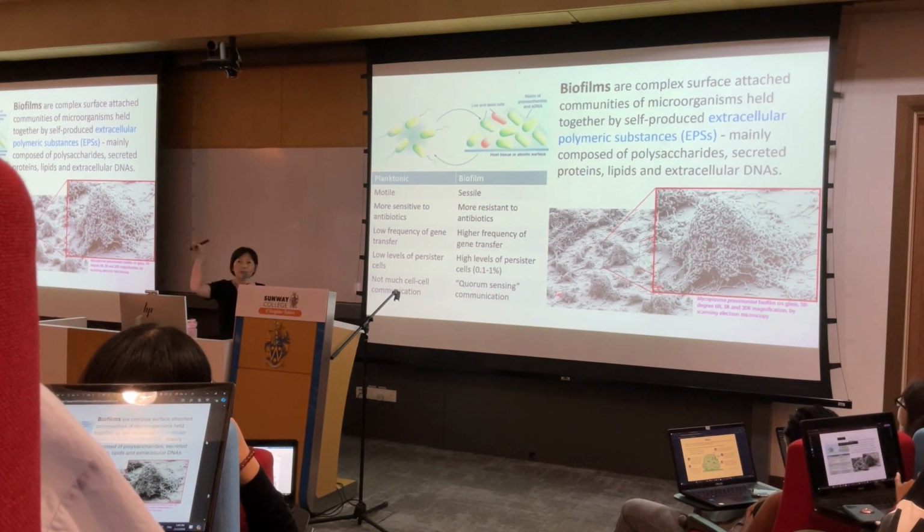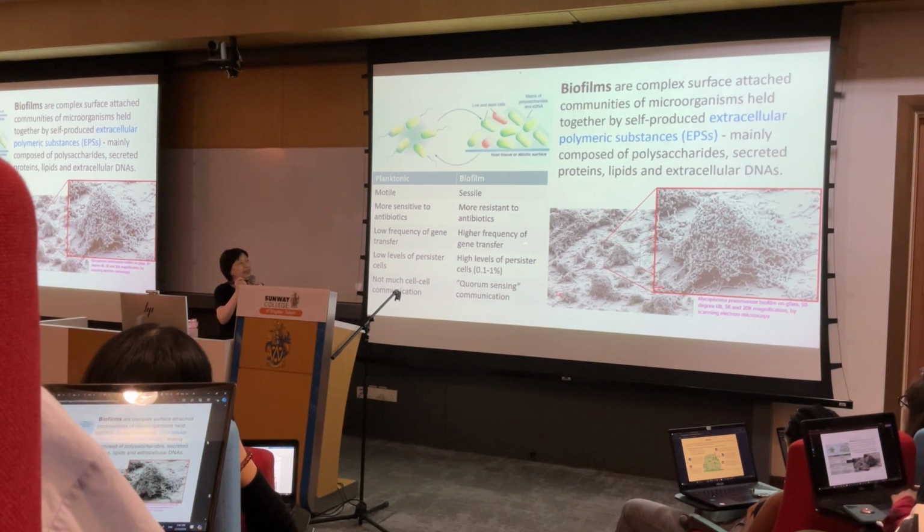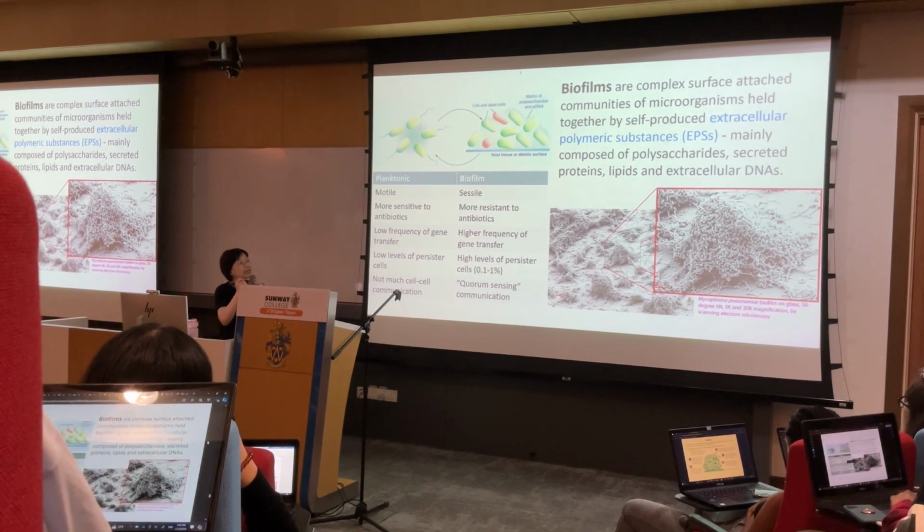Conjugation, plasmid transfer. In a biofilm the cells are very clever. In order to survive, if one of the bacterial cells has a plasmid against the antibiotic, there is probably a very high rate of gene transfer for those antibiotic resistance genes.